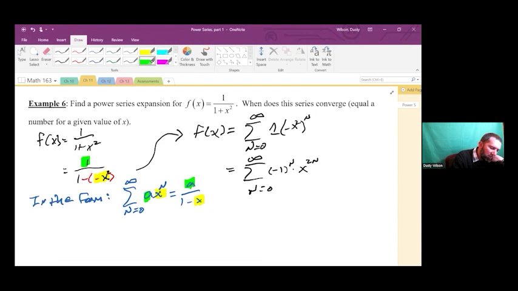And here is, again, our a. Here is our yellow x, or our common ratio.